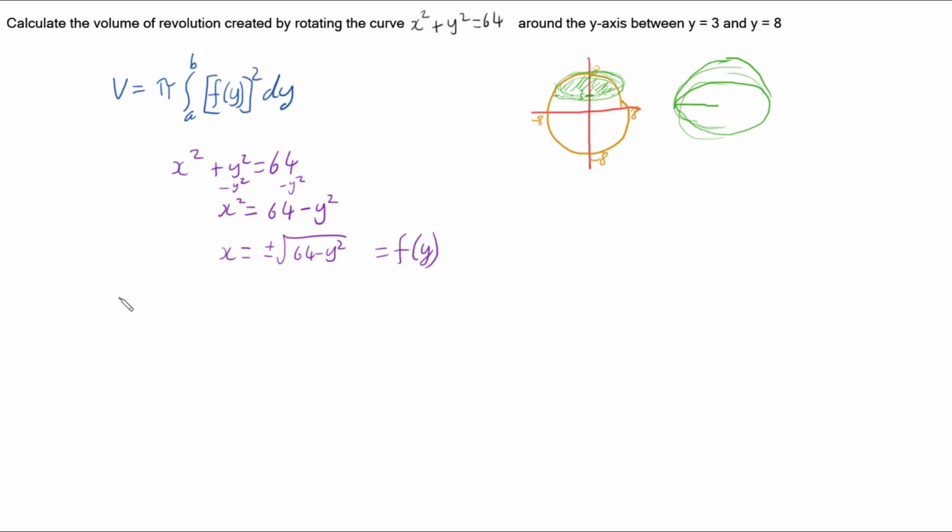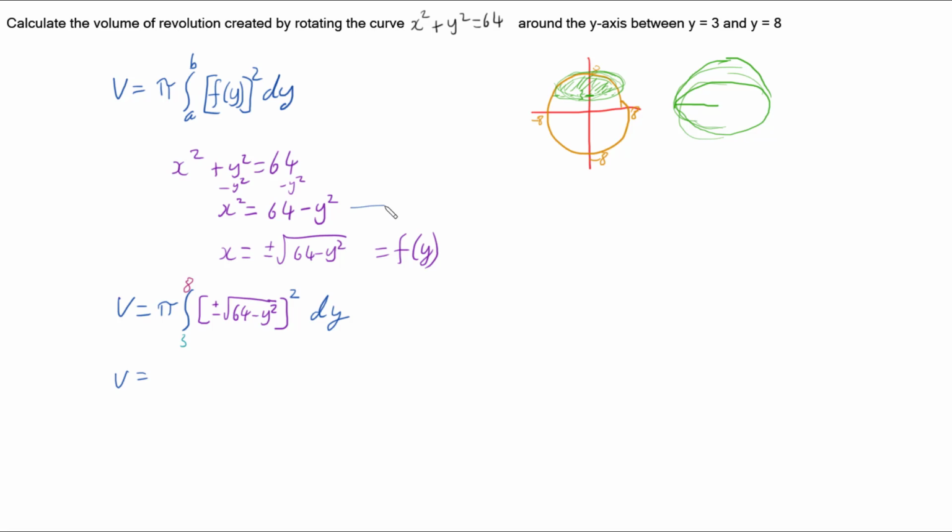So now if I go to my rule, because now I've got a function of y, putting that into our rule gives us pi times the integral between 3 and 8 of plus or minus the square root of 64 take y squared, but then that's squared, with respect to y. So if we sort out the square root and squared, it cancels out.